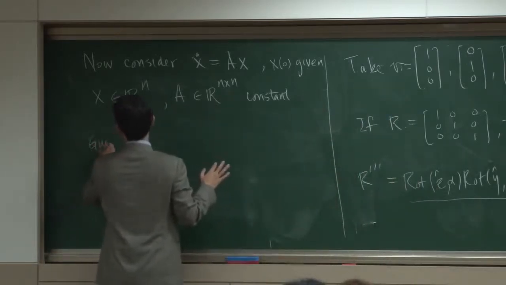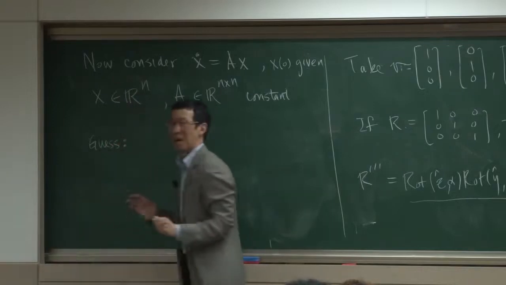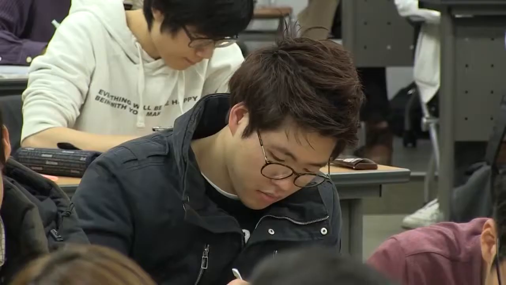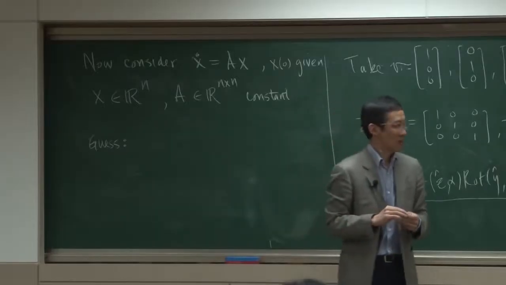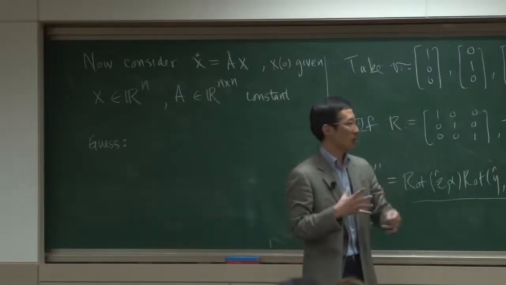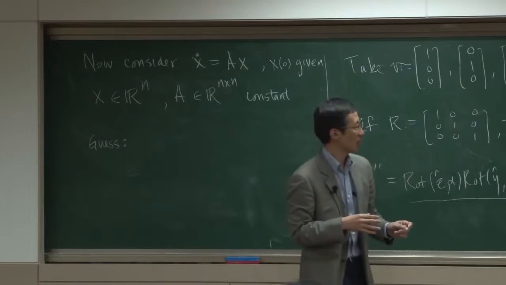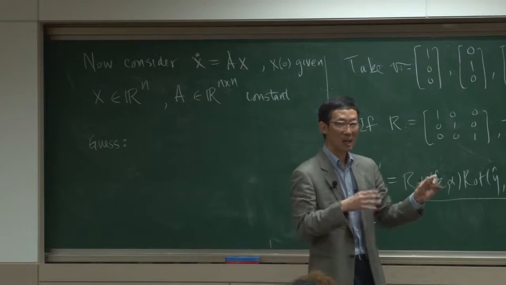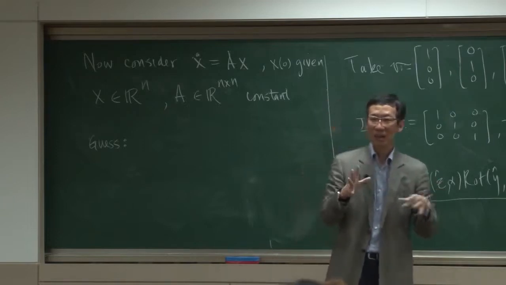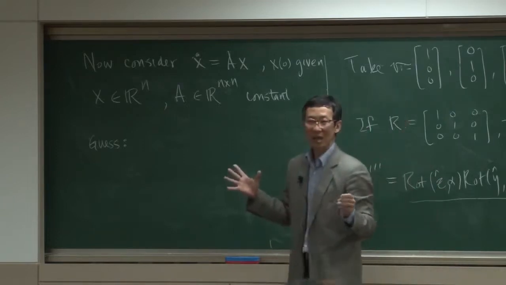All right. I'm going to pretend I don't know. I'm going to guess. So what am I going to use as inspiration? I'm going to look at the scalar case, and I notice it's the exponential of alpha times the initial condition. So maybe I can guess something like that.